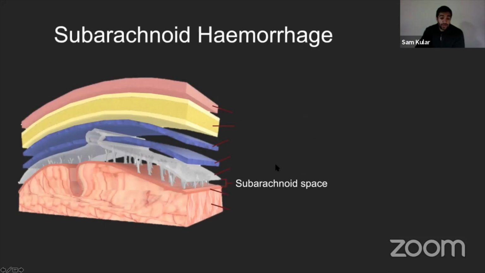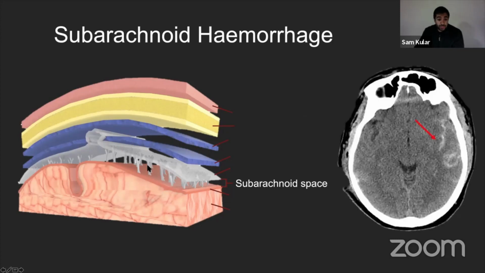We then can go down a further space to come onto our subarachnoid space. As we saw earlier, this is between the arachnoid space and the pial layer. Because the pial layer is able to go into the invaginations or sulcal layers of our brain, so can the blood when we have an acute bleed in the subarachnoid space.